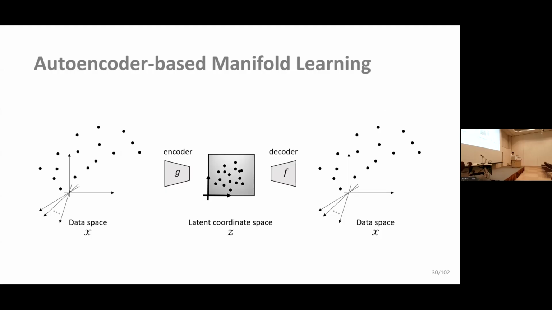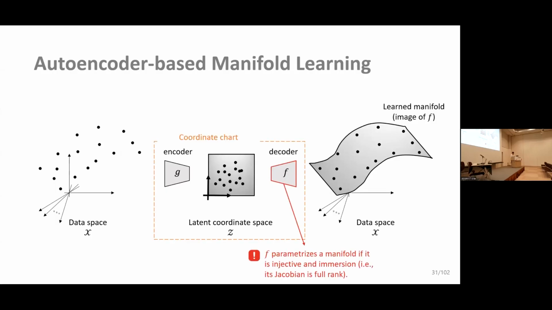Once these two mappings are well trained, the decoder smoothly transforms the latent space to a manifold embedded in the data space. So the training data points approximately lie on the image of the decoder, which we call a learned manifold. Under some mild regularity conditions, the image of the decoder can indeed be treated as a smooth manifold.